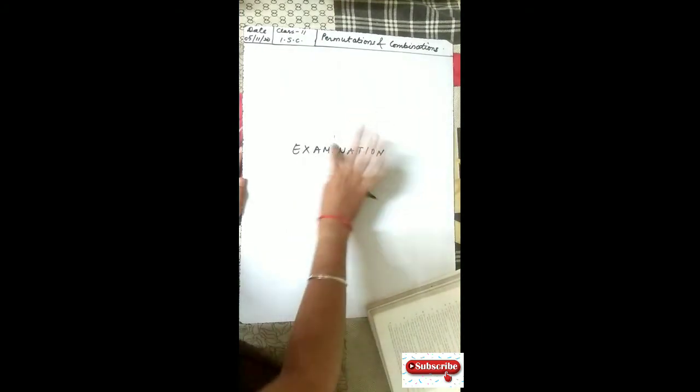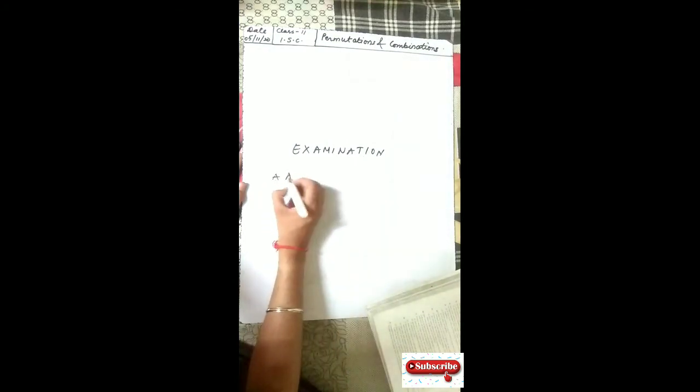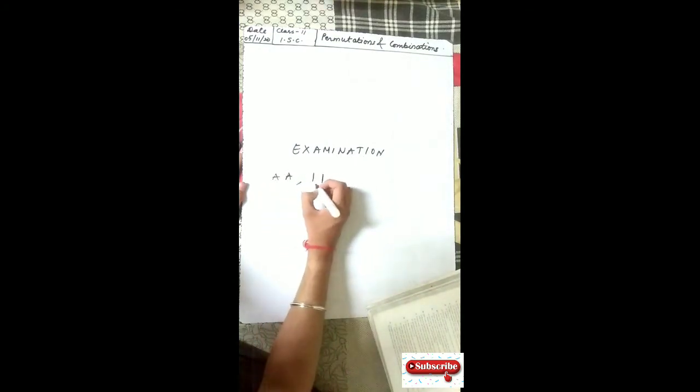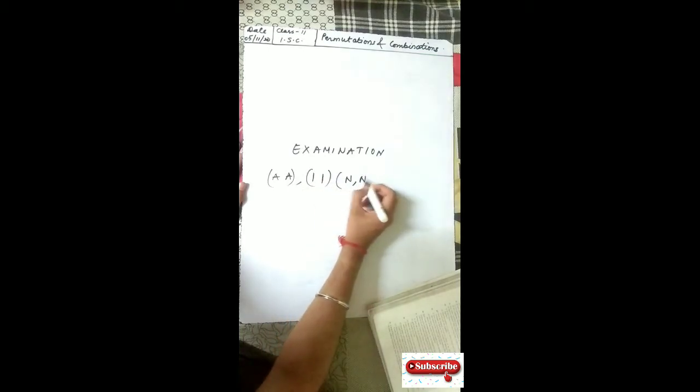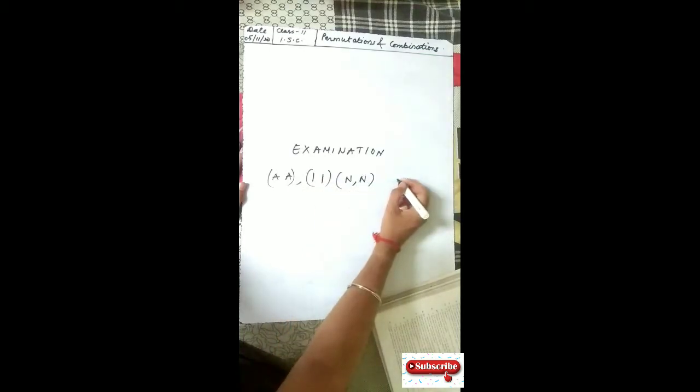The question says, find the number of permutations of the letters of examination. So how will we do it? As I told, this is the case when all objects are not different. So first let us see how many things are repeating. We have two A's, two I's, and two N's.